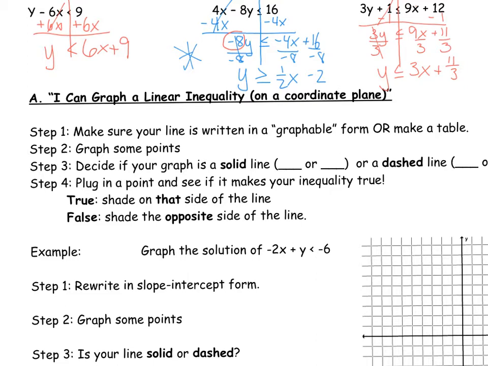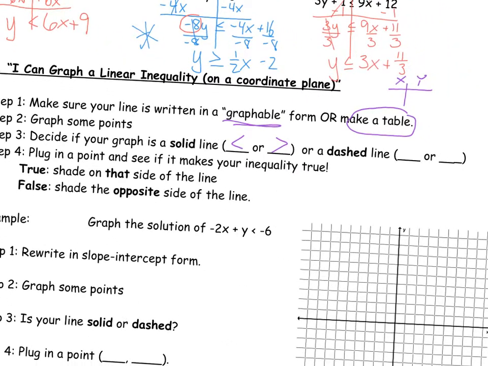So this is more of the same from yesterday. I can graph a linear inequality on a coordinate plane. Make sure your line is written in a graphable form, or make a little teeny tiny t-chart with an x and a y. Figure out values and graph some points. Then solid or dashed.